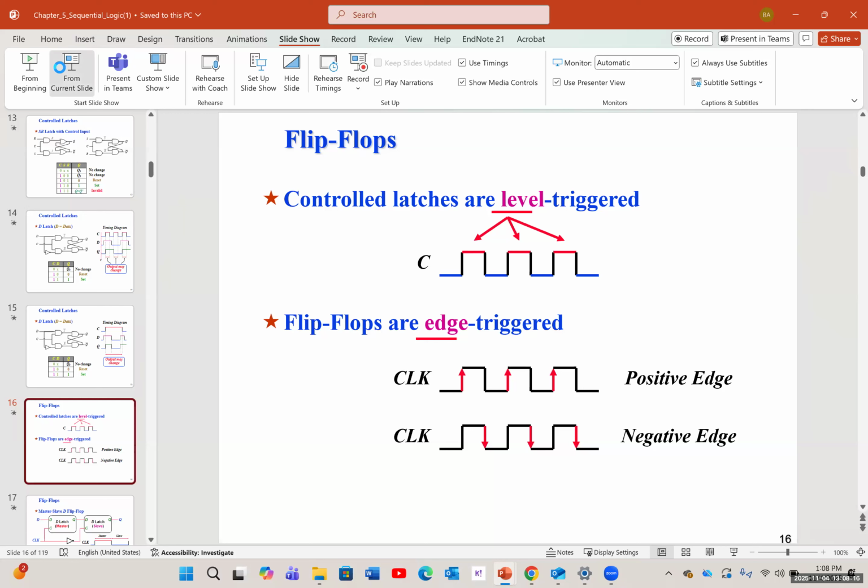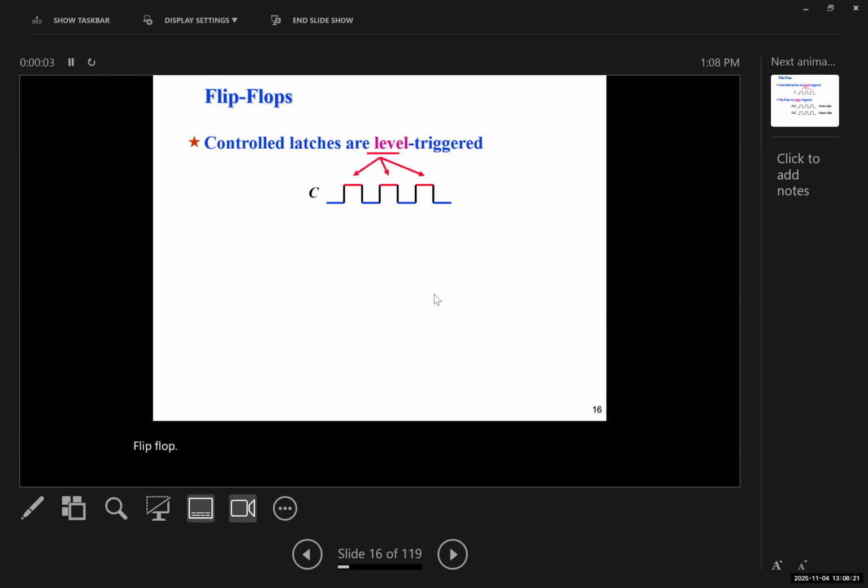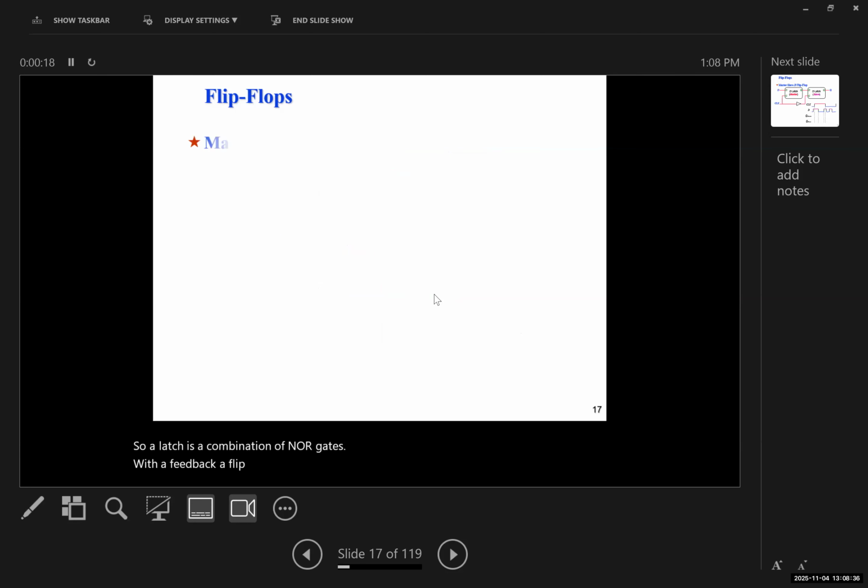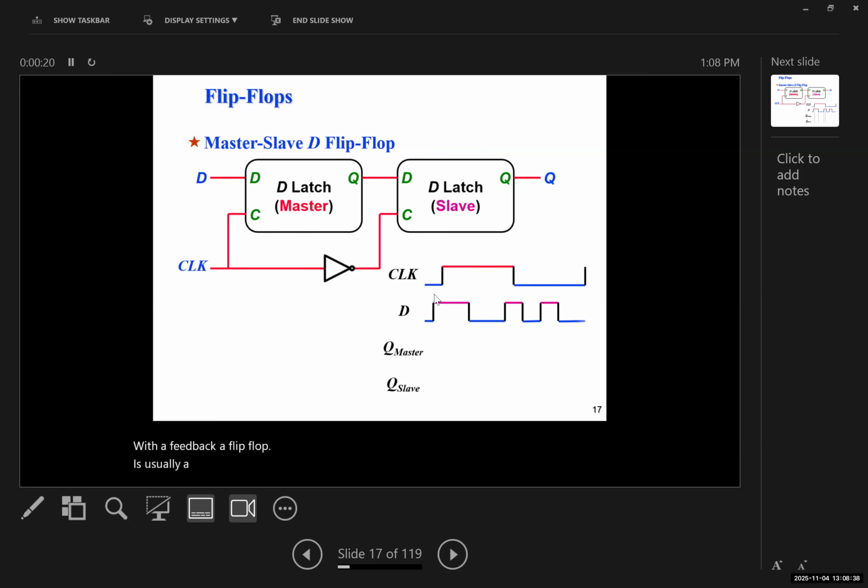Now, what is a flip-flop? A flip-flop is a combination of latches. A latch is a combination of NOR gates with a feedback. A flip-flop is usually a combination of 2 latches.